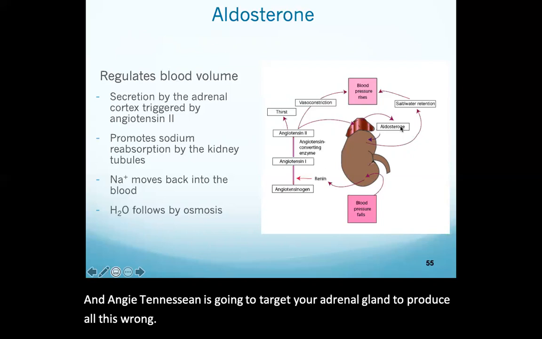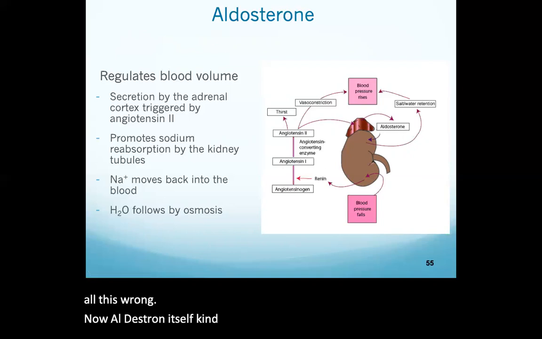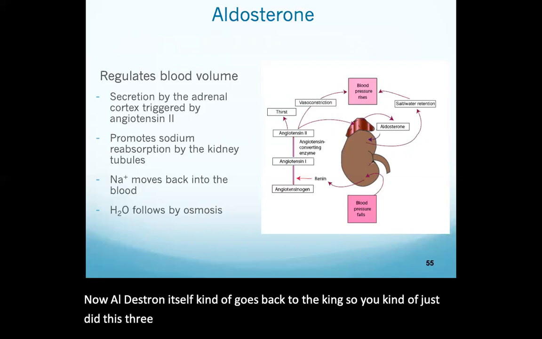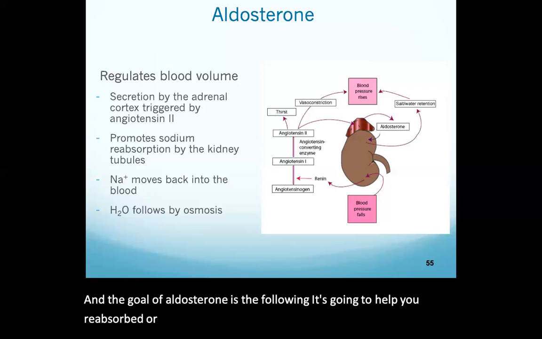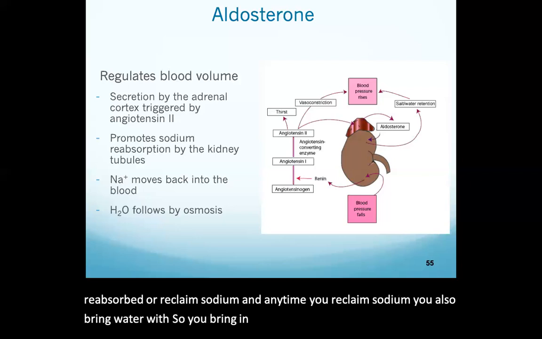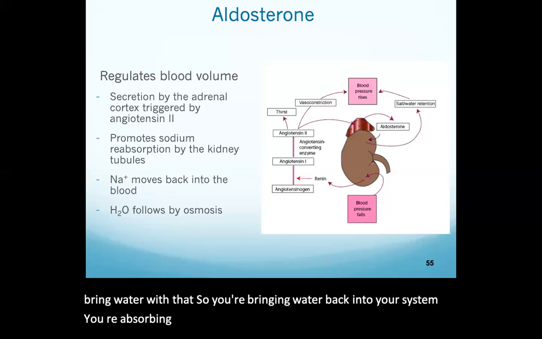Now, aldosterone itself goes back to the kidney. So you kind of just did a 360 on this path. Now, the goal of aldosterone is the following. It's going to help you reabsorb or reclaim sodium. And anytime you reclaim sodium, you also bring water with it. So you're reabsorbing water back into your system.